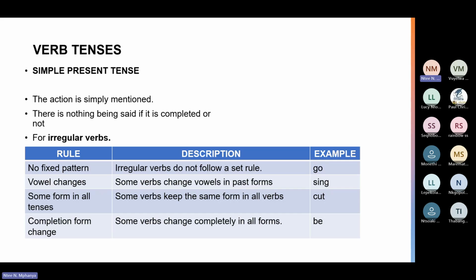Some irregular verbs change vowels when they move to past forms. For example, see. Then rule number 3, some form in all tenses, meaning some irregular verbs keep the same form regardless of the tense. For example, cut or set.